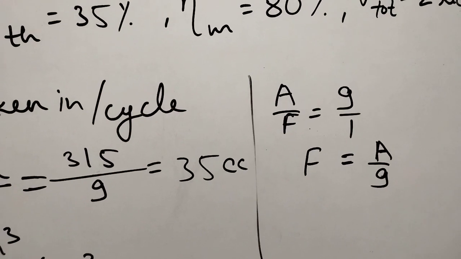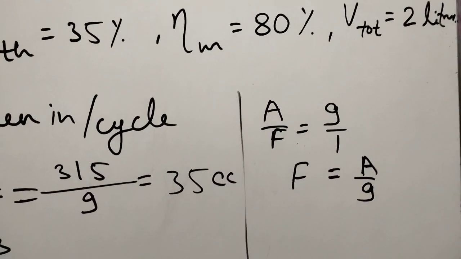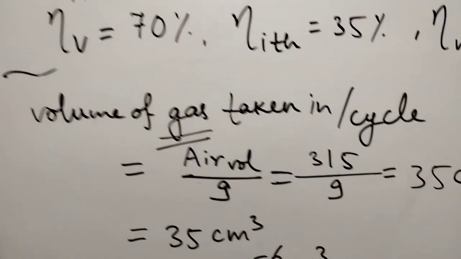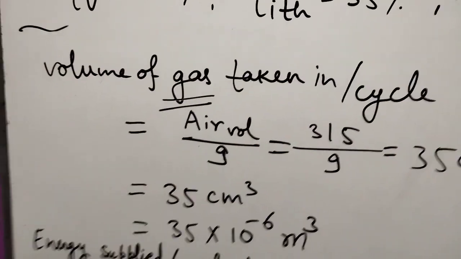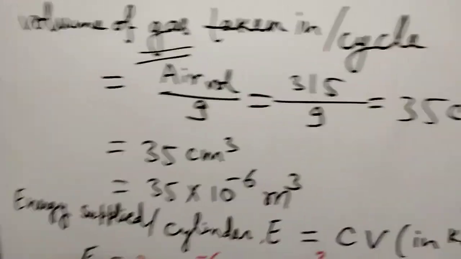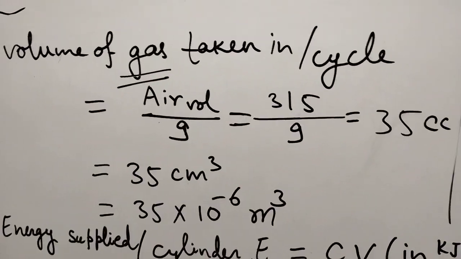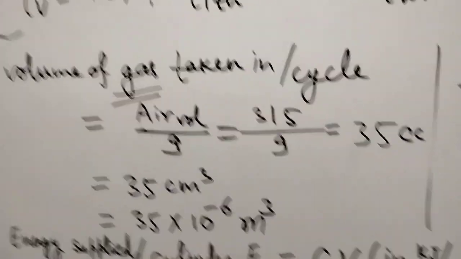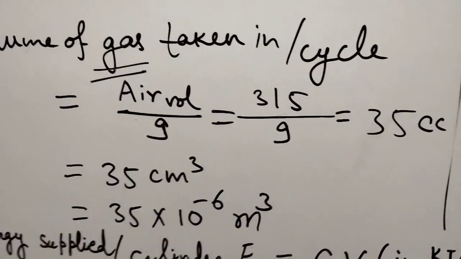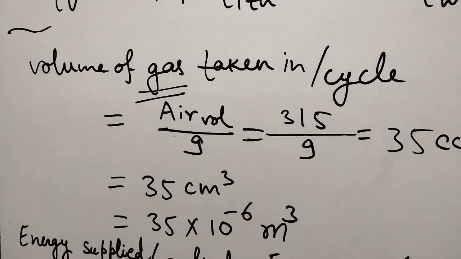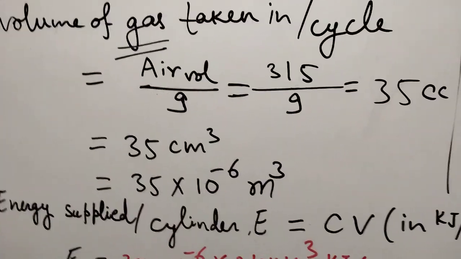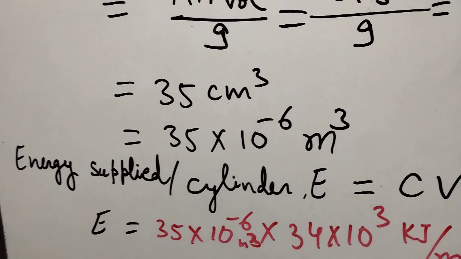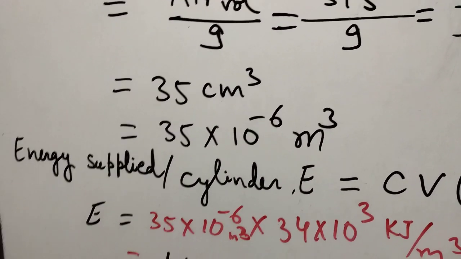Fuel is inserted inside the cylinder as the air volume divided by 9. The air volume per cylinder we have earlier calculated is 315 cc, divided by 9. Now the gas inserted inside each cylinder is 35 cc. Converted into meter cube, 35 into 10 to the minus 6 meter cube.